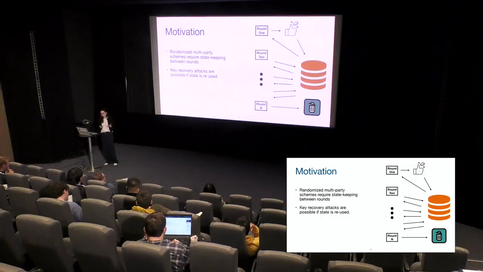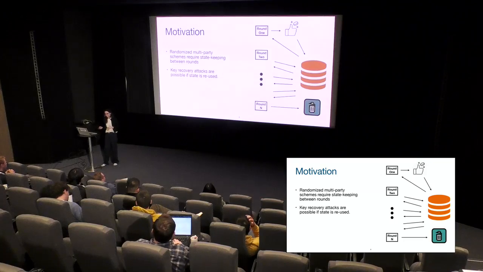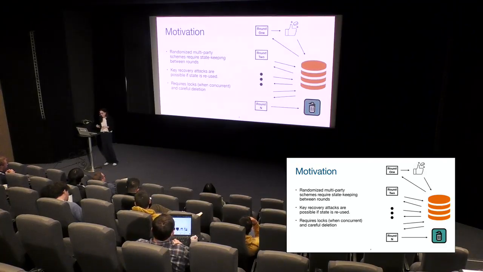And because it's Schnorr, if state is reused, if you reuse a nonce, then there's a key recovery attack with two signatures that have been issued. If you're an adversary, you can maybe force a node to go offline, and if nodes don't recover properly, this can result in real problems. So then you get into implementation complexity like locks and careful deletion.